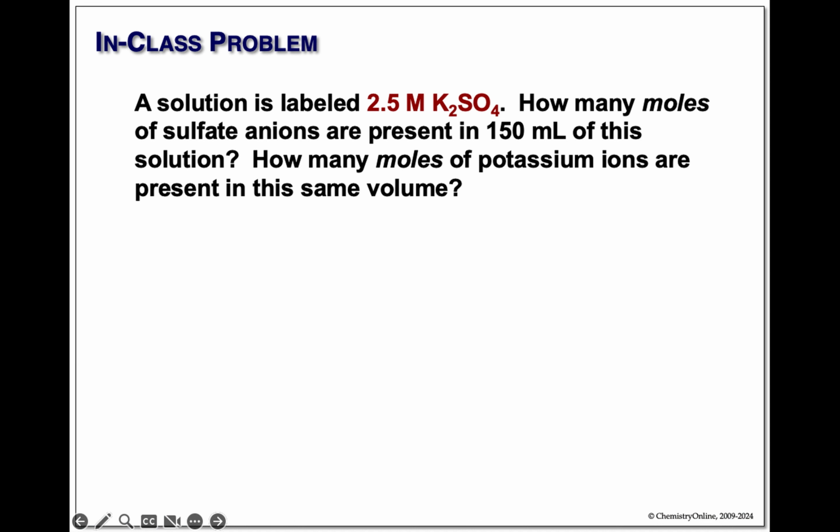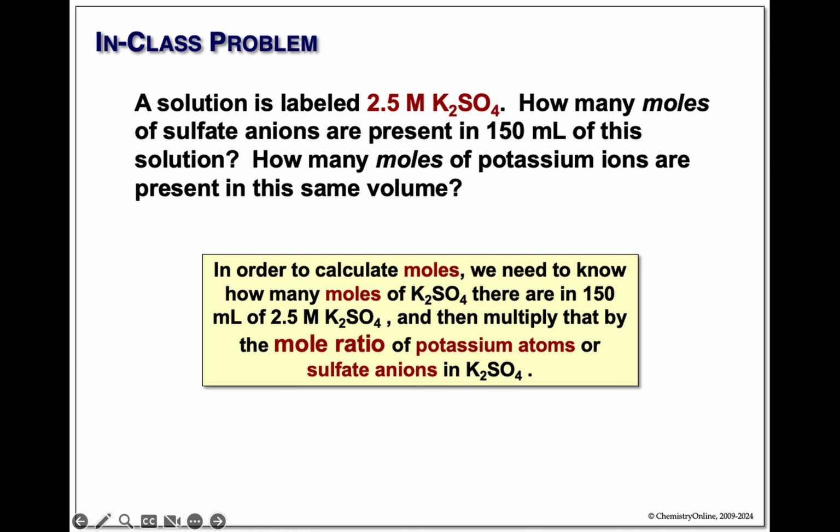Well, once again, we need to calculate moles. We have 150 mL, we have 2.5 molar, a concentration and a volume that gives us moles, no problem. Then we look at the mole ratio here. In potassium sulfate, there are 2 potassiums and 1 sulfate.